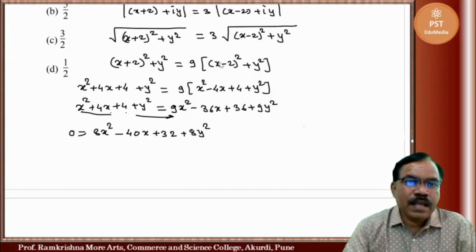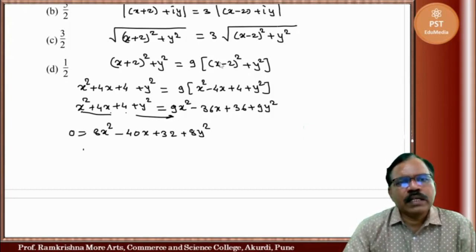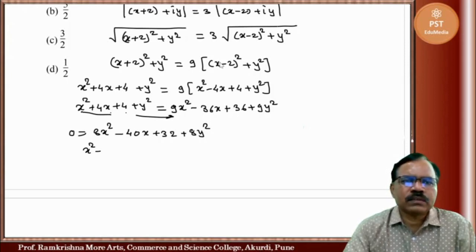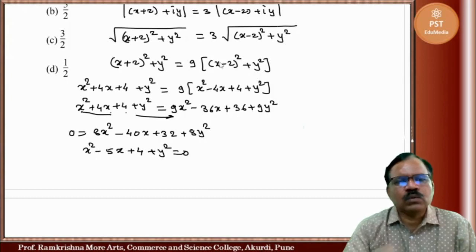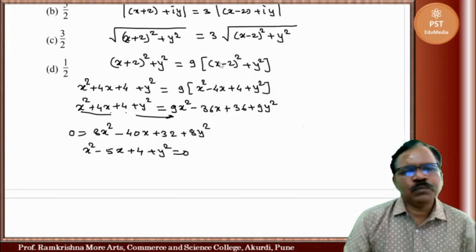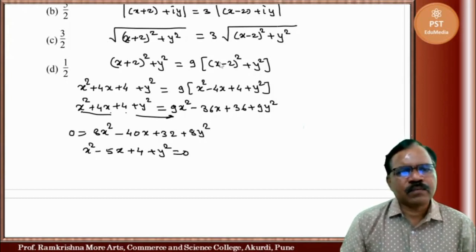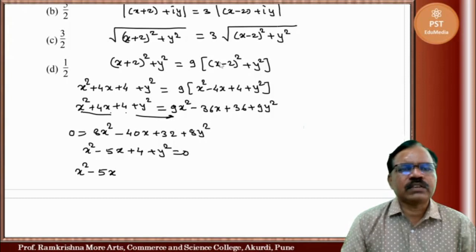Divide throughout by 8. So we'll get x square minus 5x plus 4 plus y square is equal to 0. This is the equation now. I will simplify this. Suppose we take here x square minus 5x.